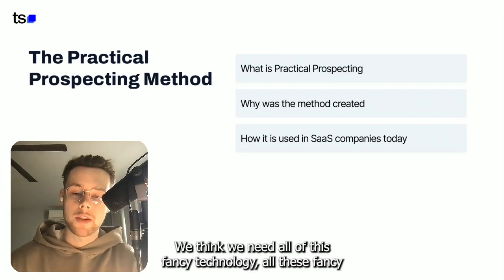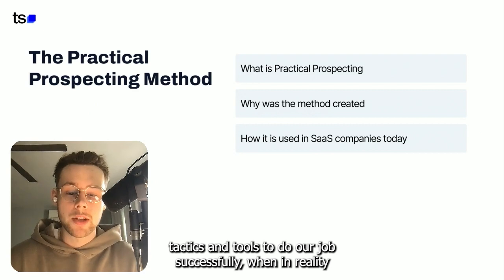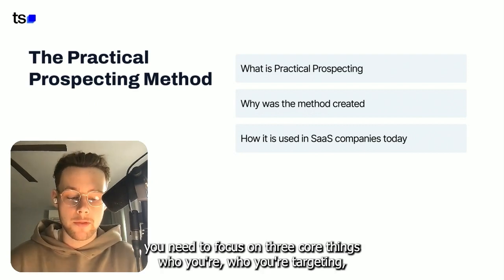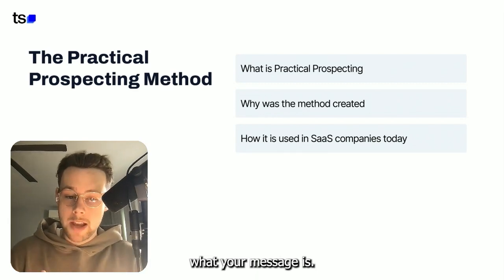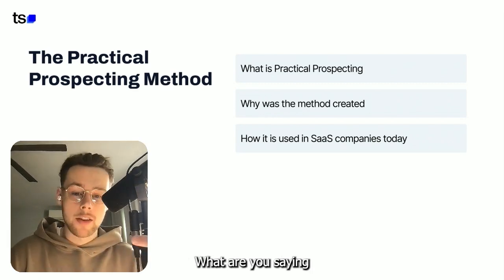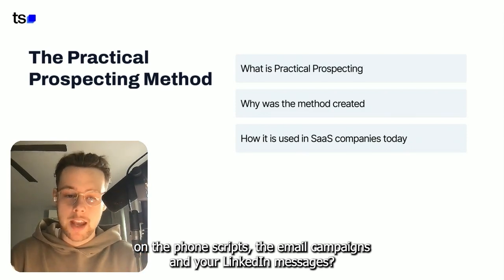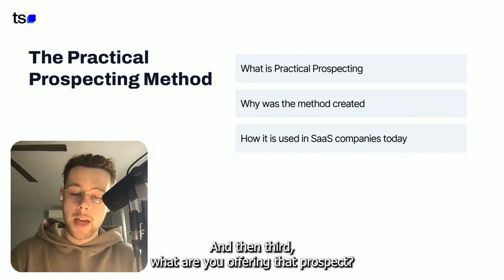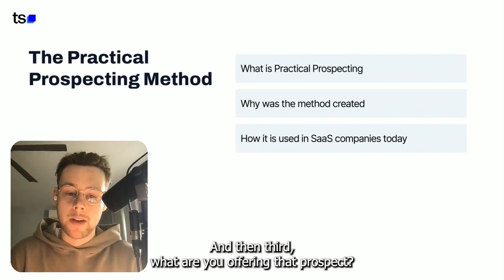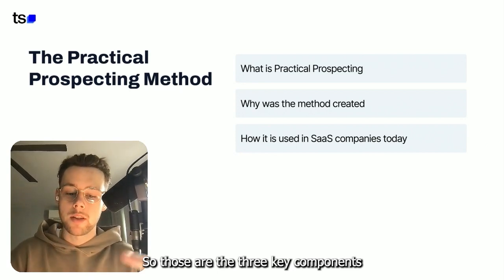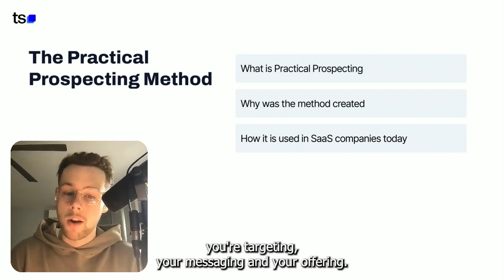We think we need all of this fancy technology, all these fancy tactics and tools to do our job successfully, when in reality, you need to focus on 3 core things: who you're targeting; what your message is, what are you saying on the phone scripts, the email campaigns, and your LinkedIn messages; and then third, what are you offering that prospect? So those are the 3 key components: your targeting, your messaging, and your offering.